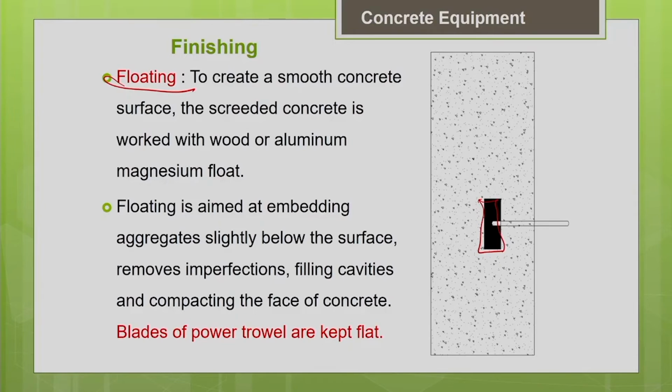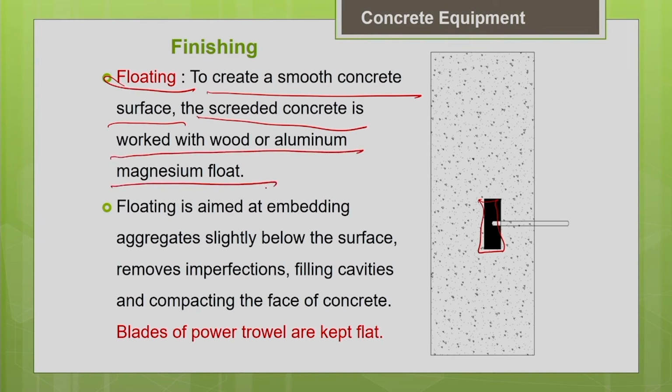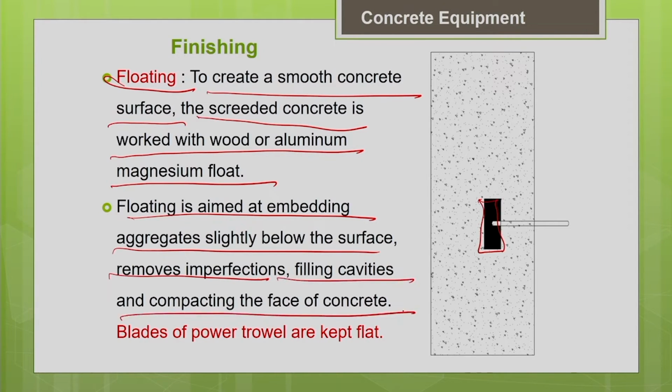So, what is the main purpose of floating? To create a smooth concrete surface. The screeded concrete is worked with a wood or aluminium or magnesium float, aimed at embedding the aggregate slightly below the surface. You press the aggregates below the surface, remove imperfections, fill any cavities, and compact the face of the concrete.